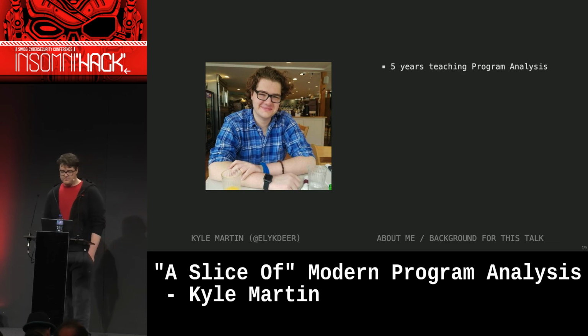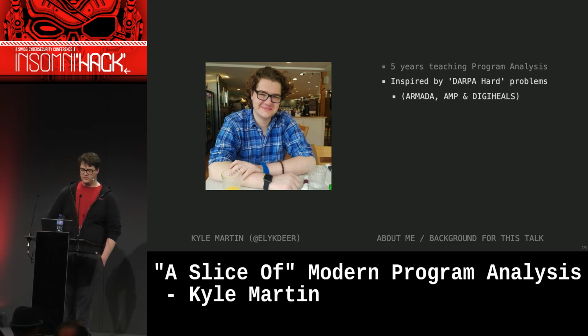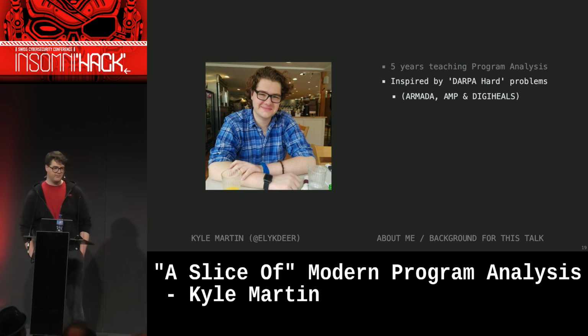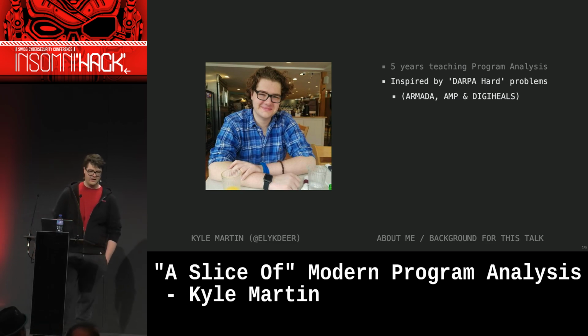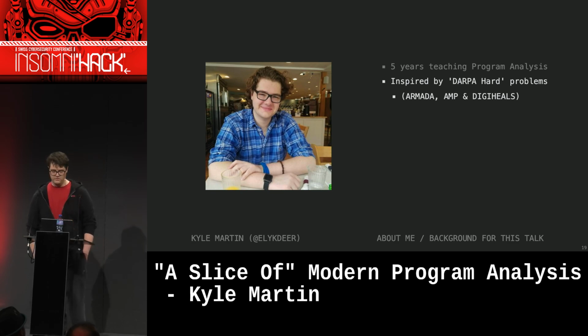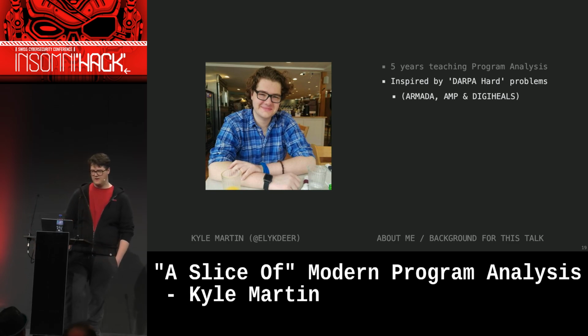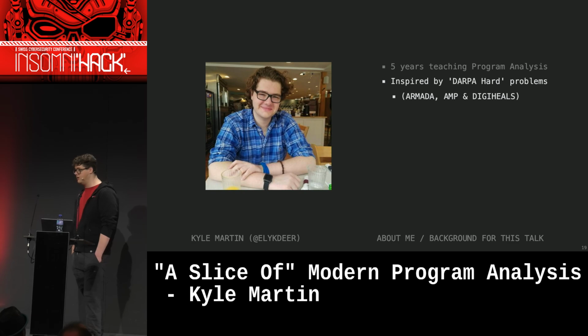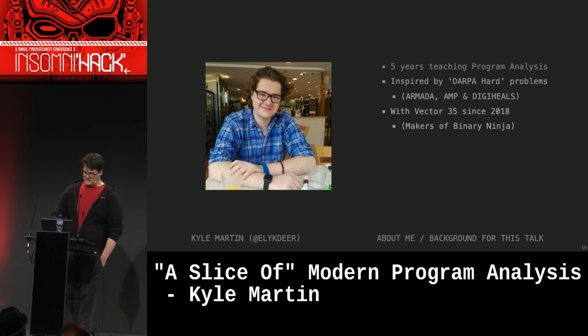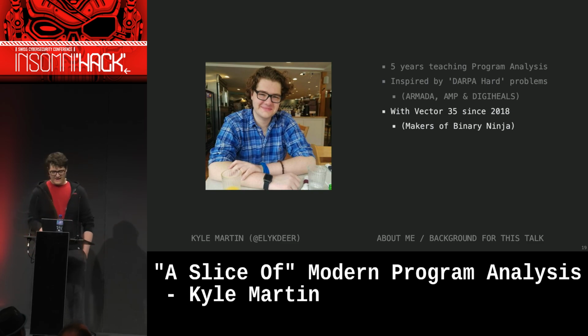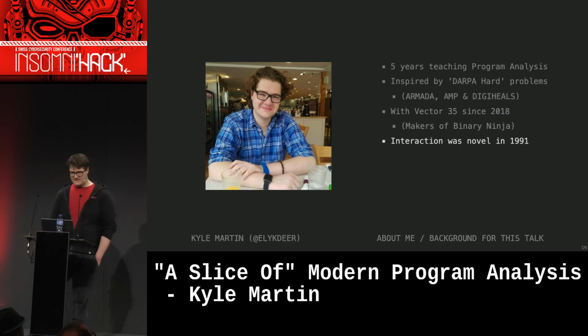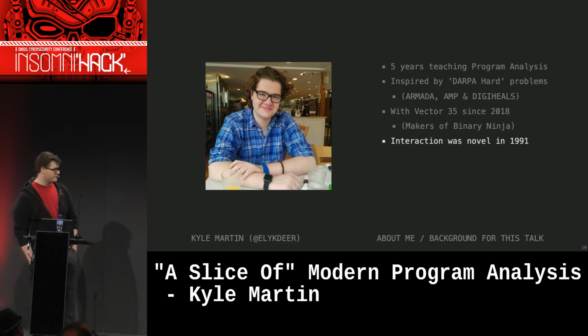So I've been thinking about these problems for a long time. I've been exposed to a lot of very hard problems where you get multiple versions of a graph of the same program, or graphs that are slightly different, and you'd like to be able to reason over them all simultaneously. And I'm always also thinking about the next plugin I can make for Binary Ninja. I love making visualizations, and our tools are interactive.